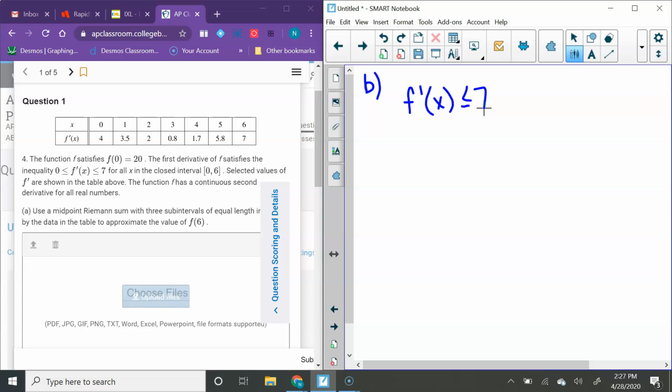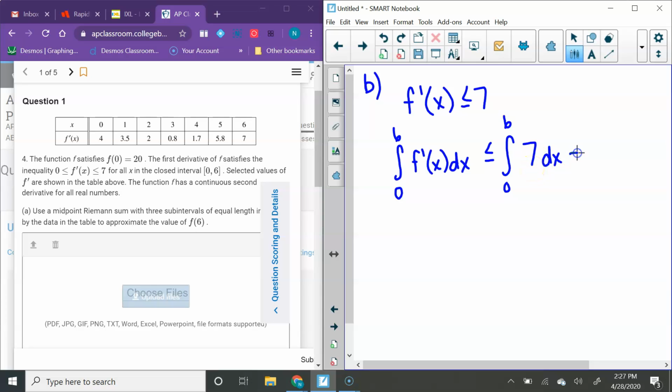So that means that the integral from 0 to 6 of f prime of x dx has to be less than or equal to the integral from 0 to 6 of 7 dx, because 7 would be like if we had the highest value the whole time and it was just 7 here.